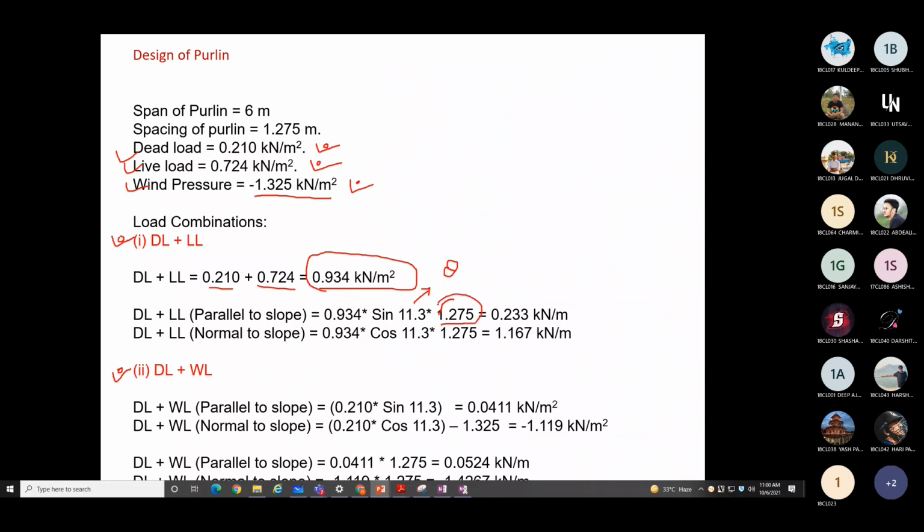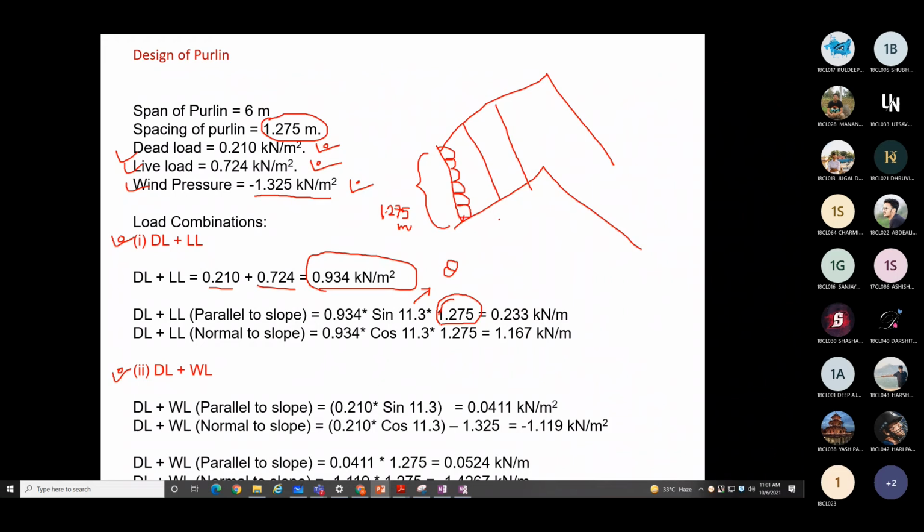Are you getting this? 1.275 is the spacing of the purlin, so this load is applied throughout this 1.275 length, like this. Clear, everyone? Yes, ma'am.